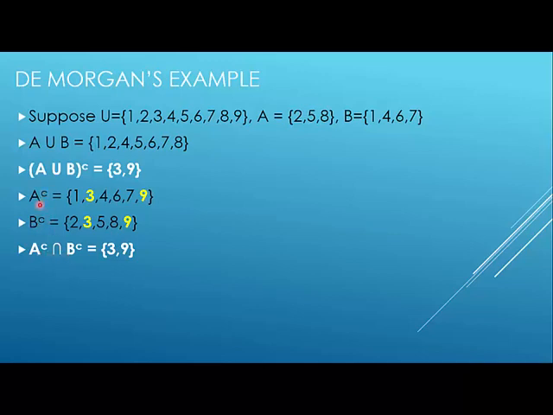Here we take the intersection of these two sets. We find that there are only two elements, 3 and 9, which are common in both the sets. So you can see that this proves that De Morgan's law is correct, because with this example, what we get from (A union B) complement is the same as A complement intersection B complement. The result is the same.